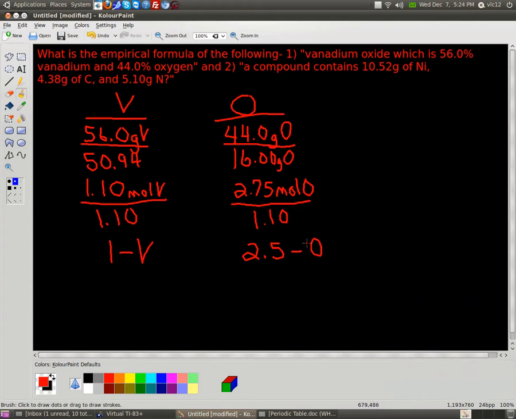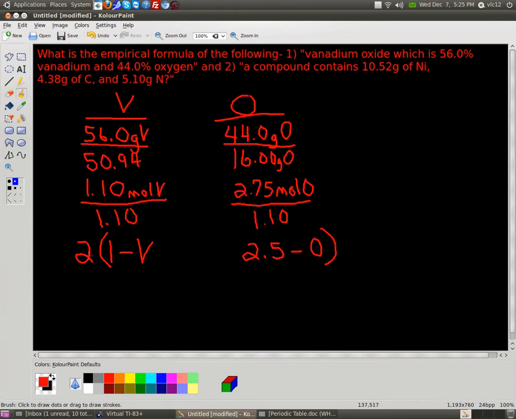Now, in the earlier videos, I told you that if you get a half, you should just go ahead and multiply everything that you see here by 2, because 2.5 as a fraction is 5 halves. Basically, if you want to clear your fractions, because remember, we cannot write decimals or fractions as subscripts in chemistry. In other words, we couldn't write this V1O2.5. That's just wrong.